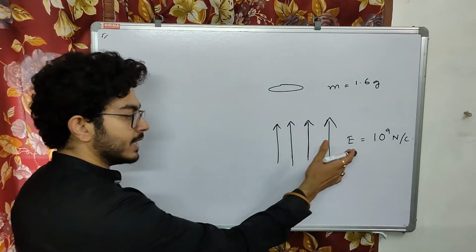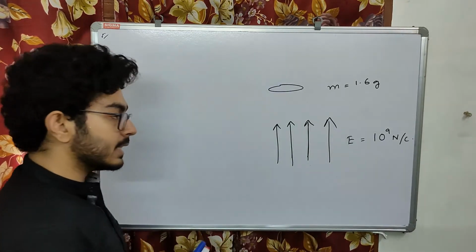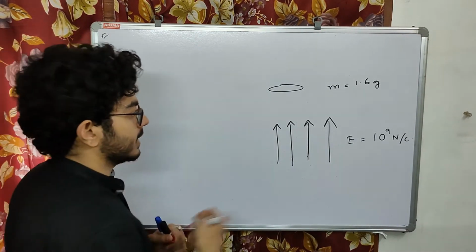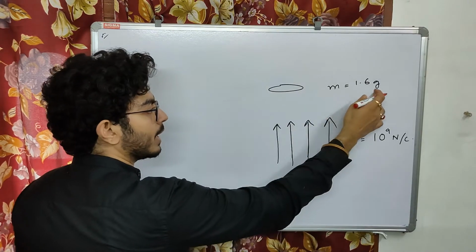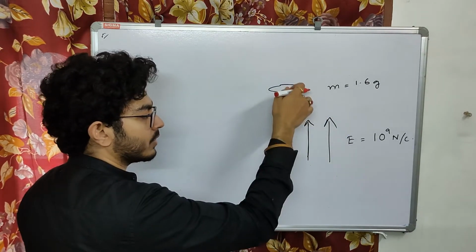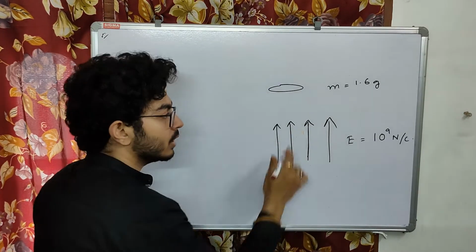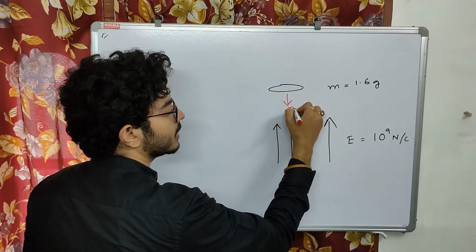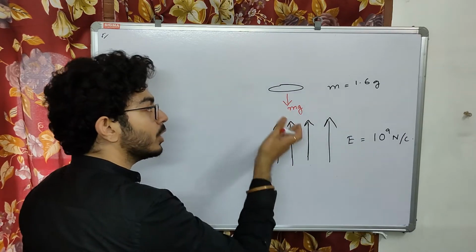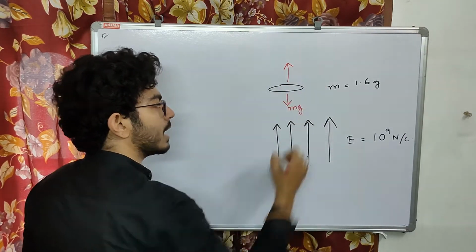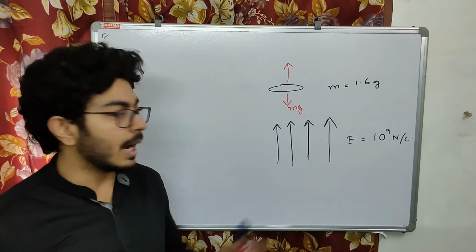See, if there is an electric field, let us understand the basic thing first. If this has mass 1.6 gram, then it must move downward due to gravity. So this is mg, and to remain floating, some amount of force must be given in the upward direction.